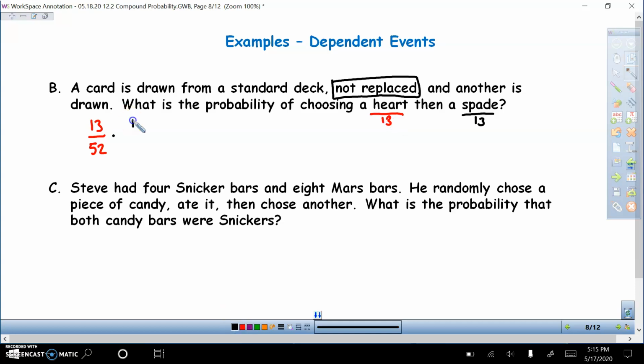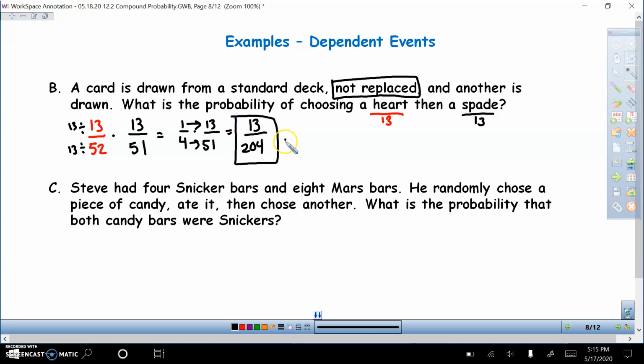There are 13 spades in the deck, but now there's only 51 cards left. Simplify your fractions if you can. So the first fraction actually simplifies down to 1/4 times 13 out of 51, which is not going to simplify any further. So we multiply numerator times numerator, denominator times denominator to get 13 out of 204.